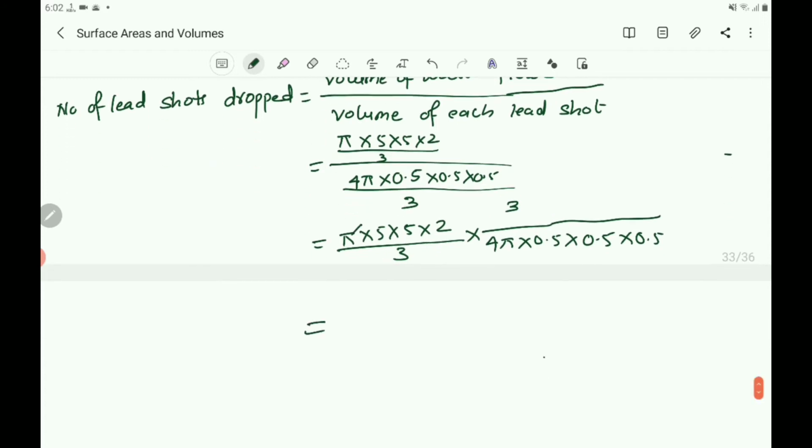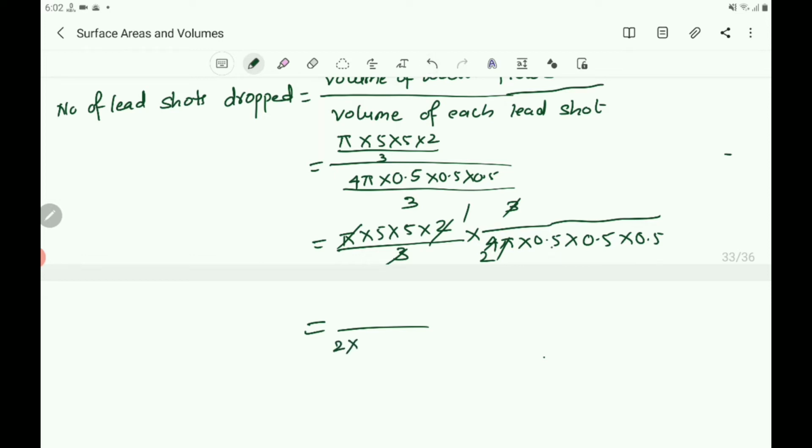That equals, pi cancels, 3 cancels, and 2 ones are 2, 2 twos are 4, you can write. Then here if you multiply this 3, what are you going to get?